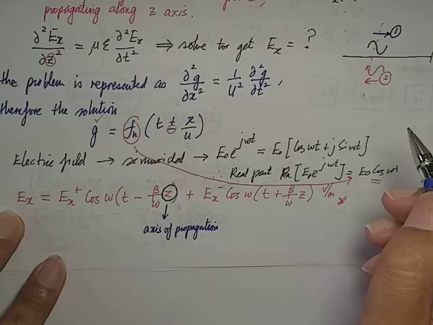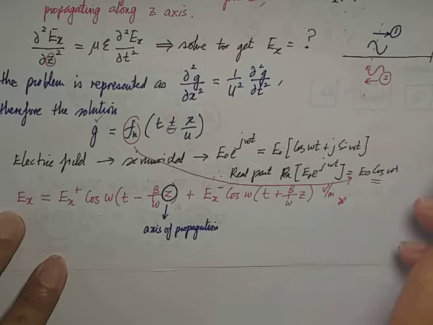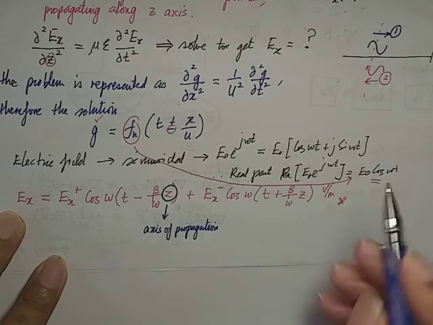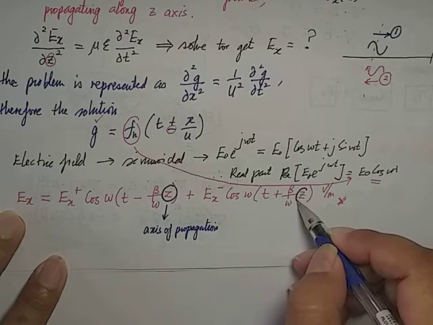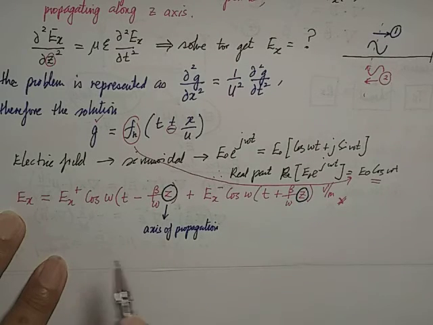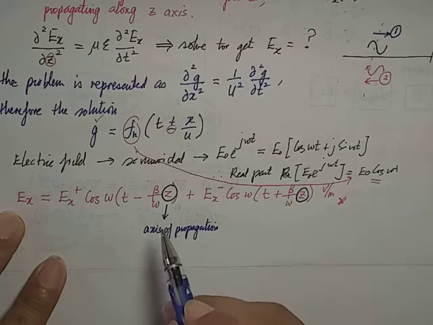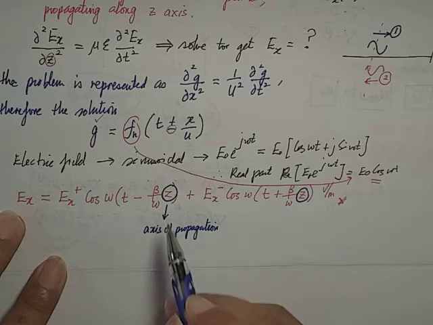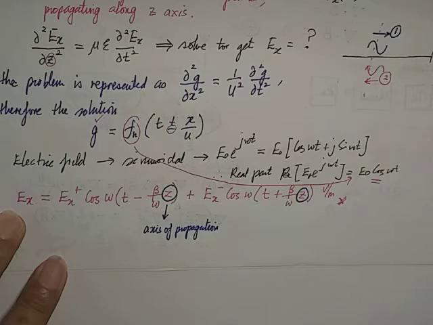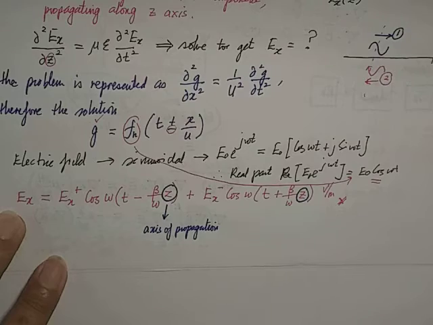So along what axis is our wave propagating? Yes, the z-axis. That's why you have z here and z. So we know that both waves propagate along the z-axis. The second important thing that we must observe is the sign.